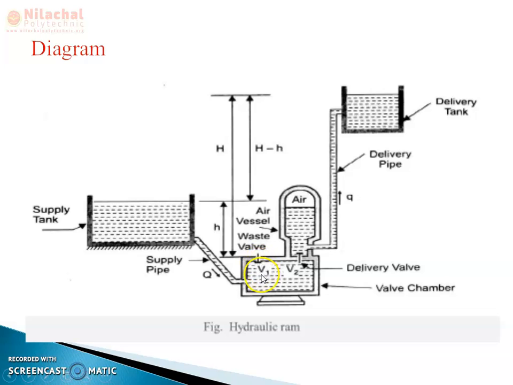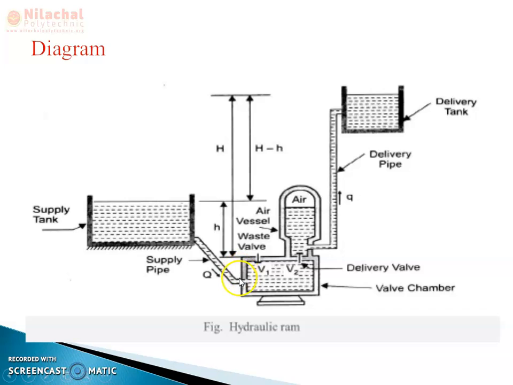When the waste valve is closed, the flowing water is stopped. Then the change in water mass momentum causes a sudden rise of pressure. Due to the pressure, the delivery valve will be opened.